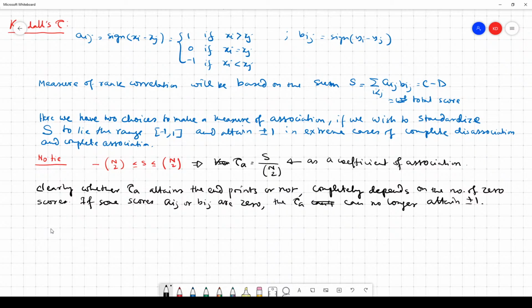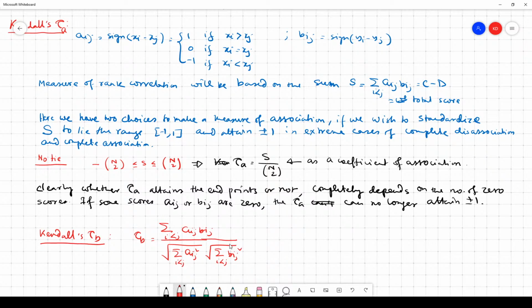Now, this is Kendall tau A. Now consider Kendall tau V. The correlation coefficient between two sets of scores Aij, Bij is defined as tau V equals the sum over i less than j of Aij Bij, divided by the square root of the sum over i less than j of Aij squared, times the square root of the sum over i less than j of Bij squared.